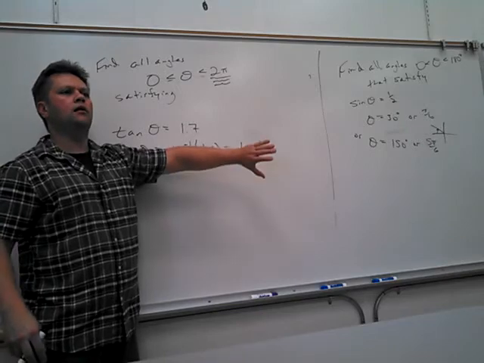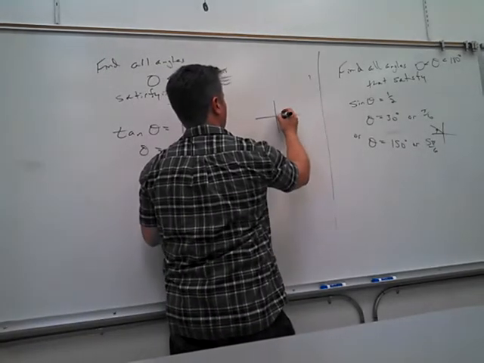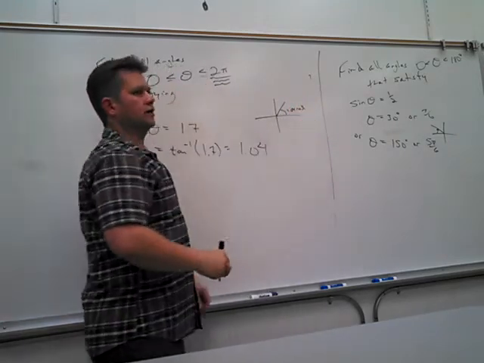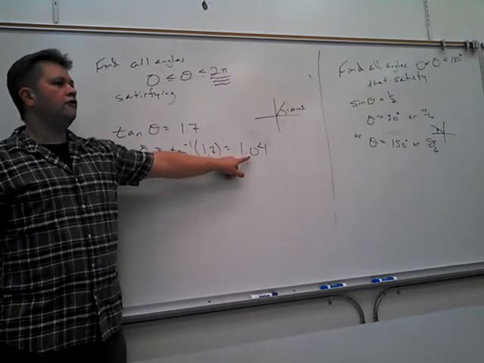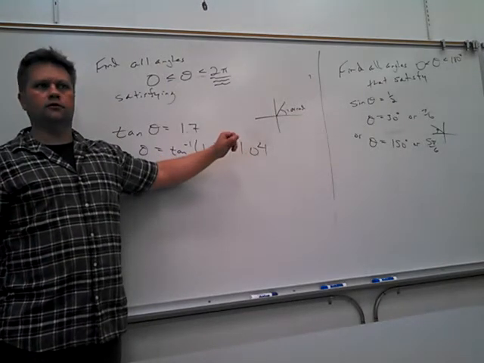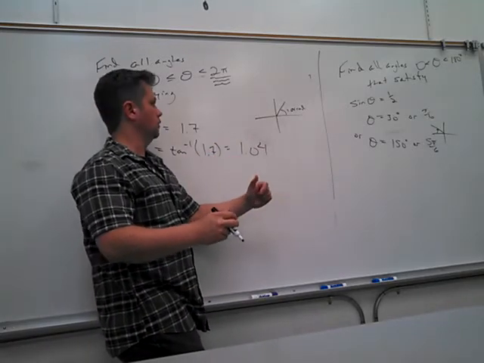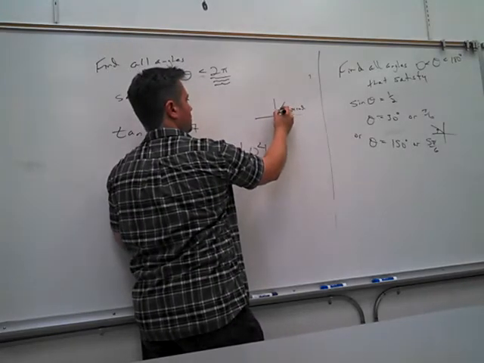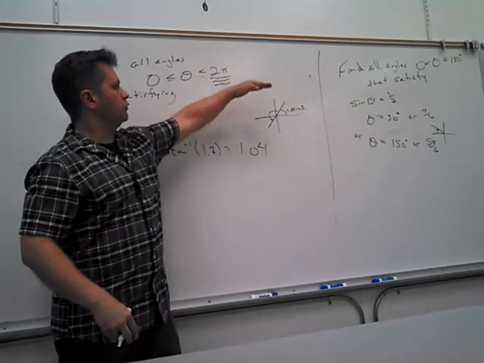Now how do you get the third quadrant answer? So we have 1.04 radians as one answer. Again, this is a reference angle, so how do you get into the third quadrant? You actually do pi plus that, because you want to go a half rotation around from there.